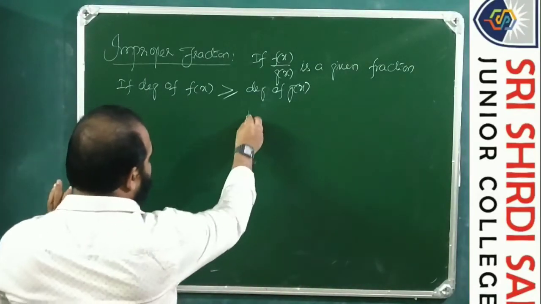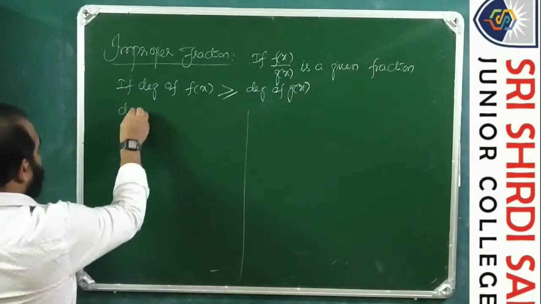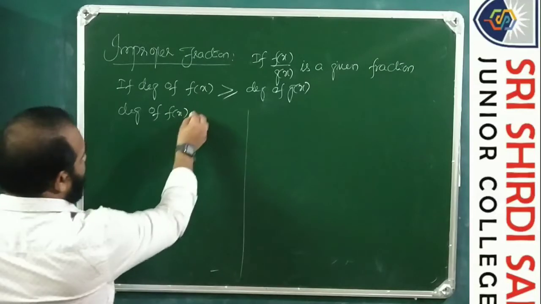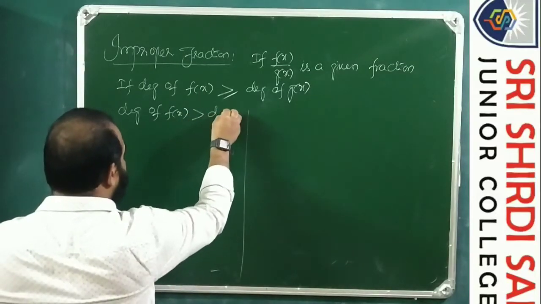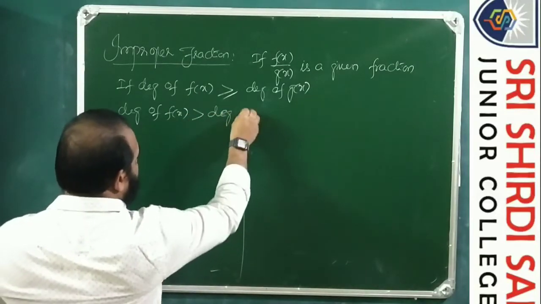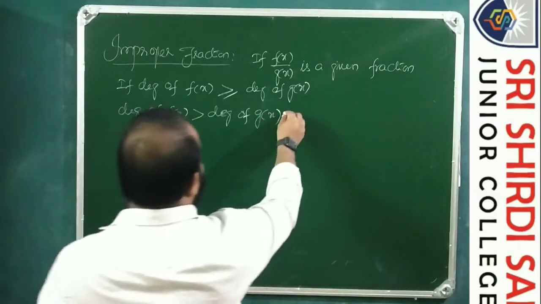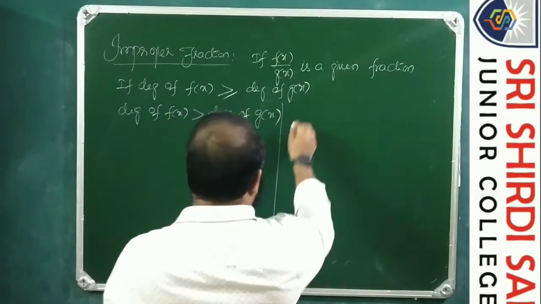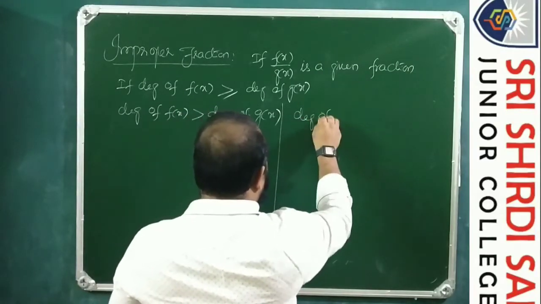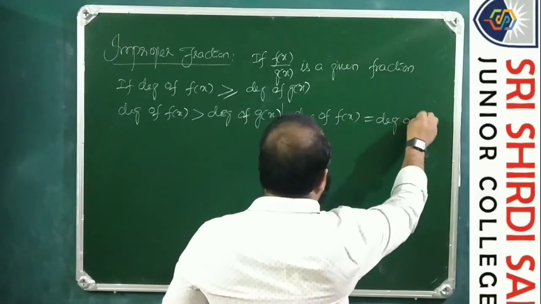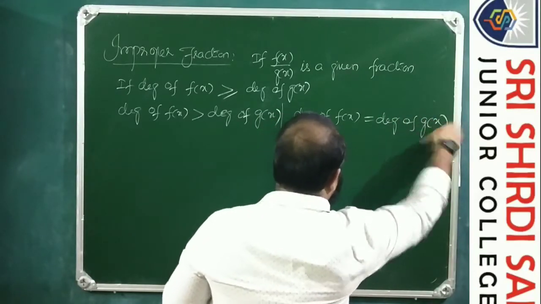Here two cases arise. One is degree of f of x greater than degree of g of x, and the second one is degree of f of x equal to degree of g of x.